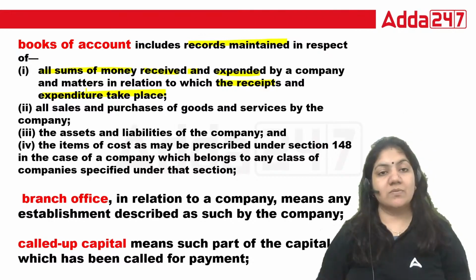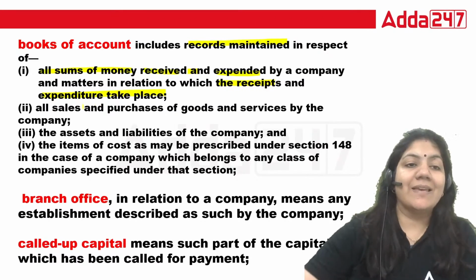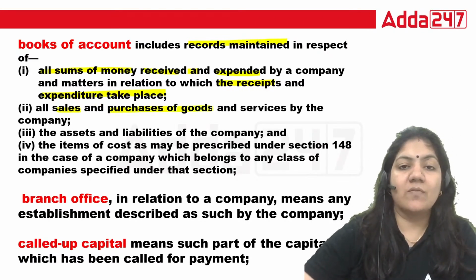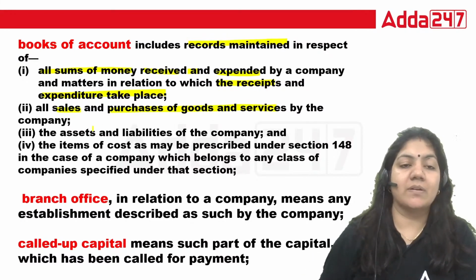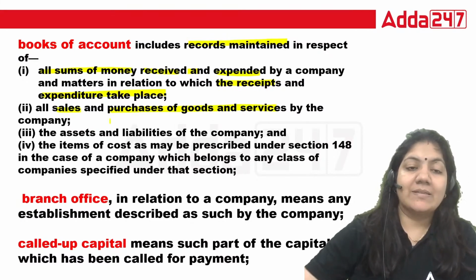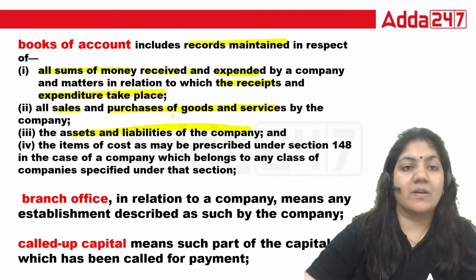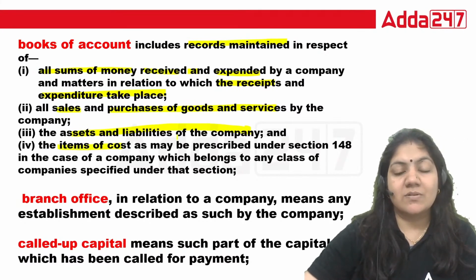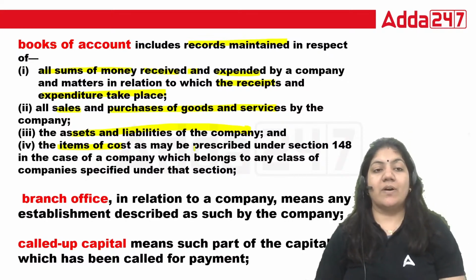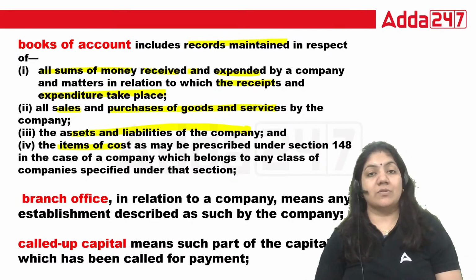That is a book of account. All sales and purchases of goods and services by the company, assets and liabilities of the company, and items of cost as may be prescribed under Section 148. That is the books of account. So that is so simple.